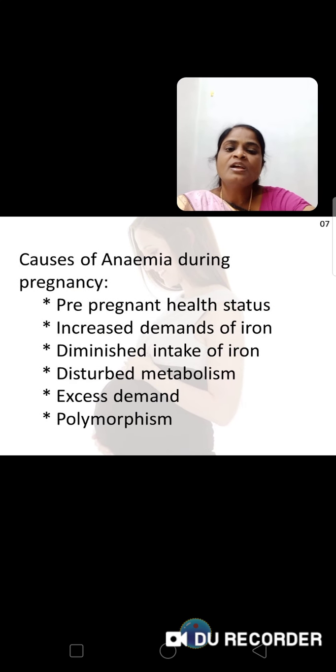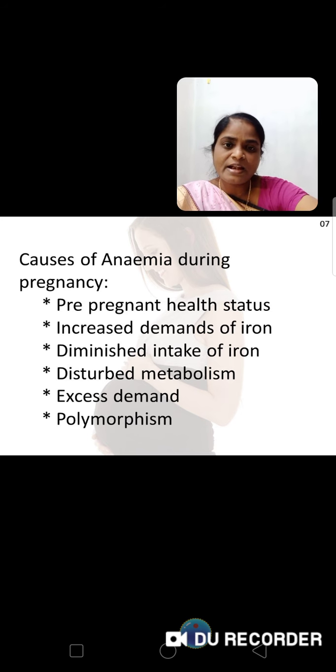And next are the causes of anemia during pregnancy. The causes vary. First is pre-pregnant health status. If a woman, before getting pregnant, already has some history of ill health, ill health may lead to anemia in pregnancy.